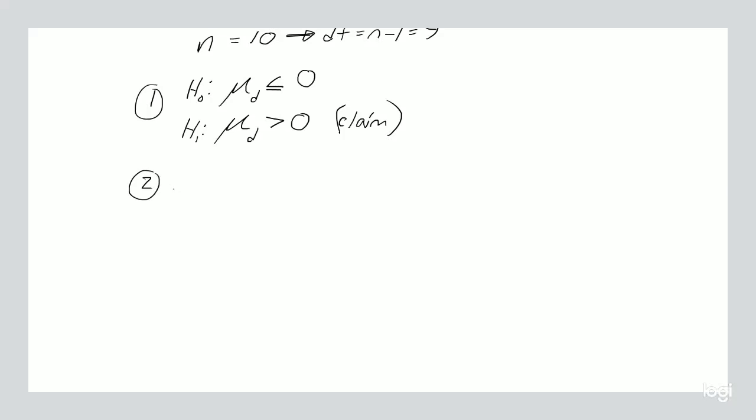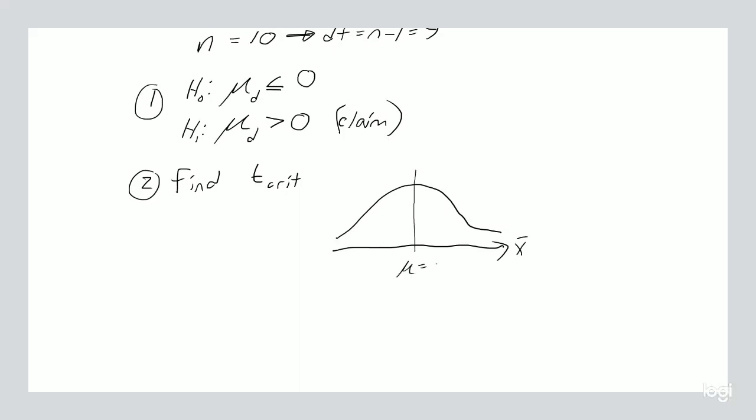So our step 2, we want to find our critical t-value. So if this is our distribution of sample means, there's our center, where our population mean is assumed to be 0. Okay, we're only going to have a positive rejection region, right?